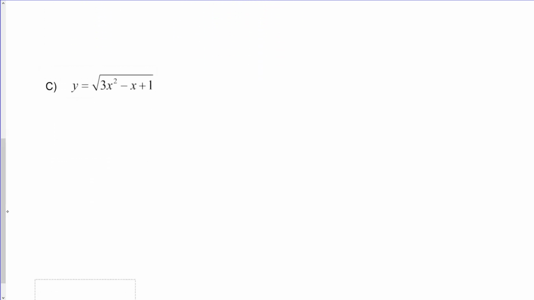C, y equals the square root of 3x squared minus x plus 1. Here again, what I would do is take advantage of being able to rewrite roots as exponents. Use the power rule. But there's an inner function here for this power rule. There's this 3x squared minus x plus 1. So to find the derivative, I do the derivative of the outer function, which is the square root.